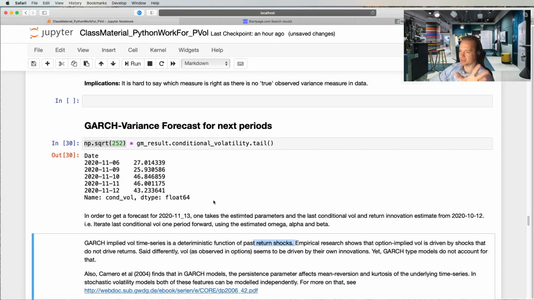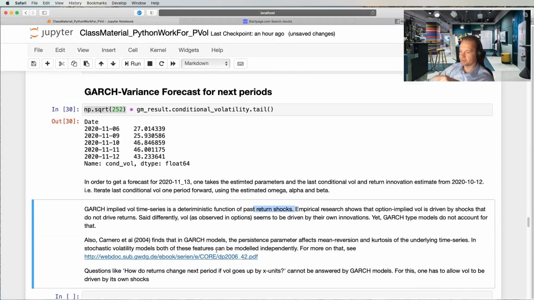And all models are wrong, but some are useful. Right? So empirical research, that's what I just told you, shows that option-implied volatility is driven by shocks that do not drive returns. Going back to the question about Benjamin, you see, I like to call names. That's why I could have also taken UCSEB, which is hard to pronounce.